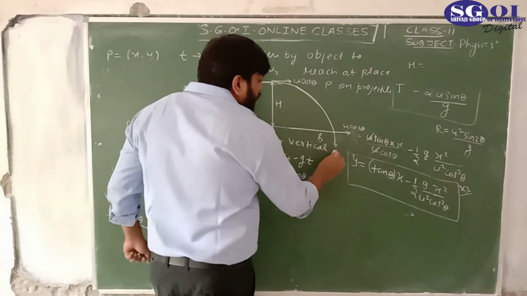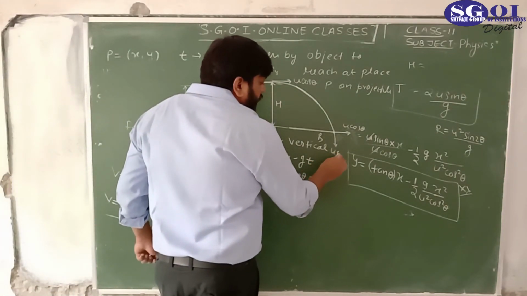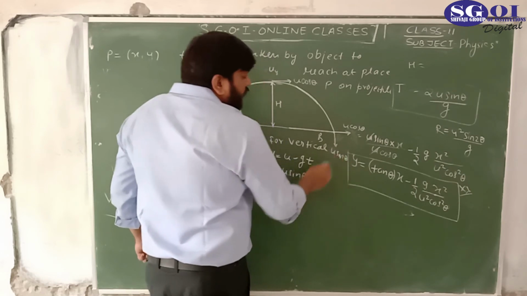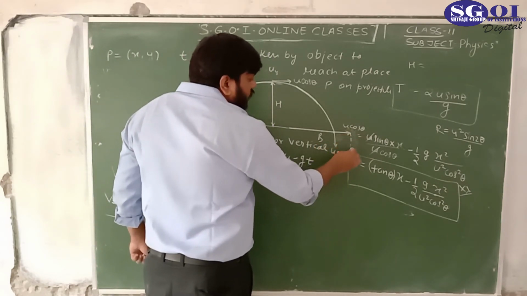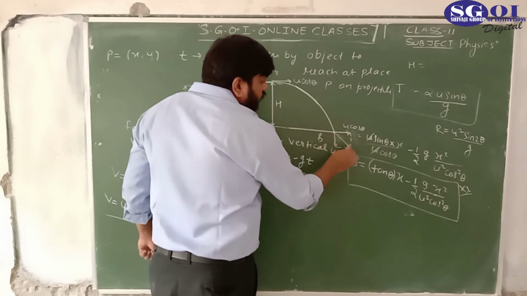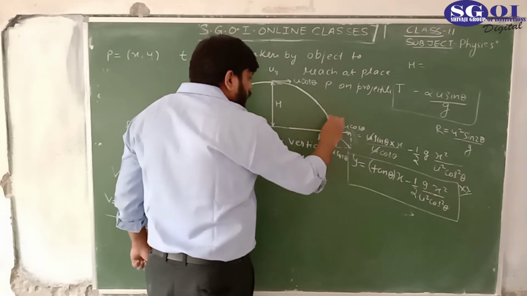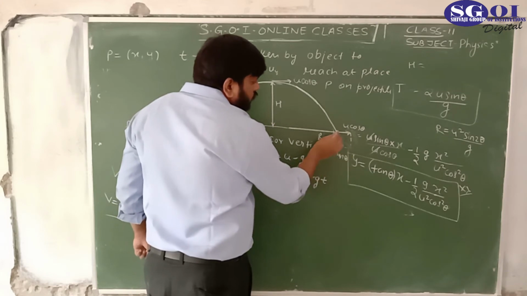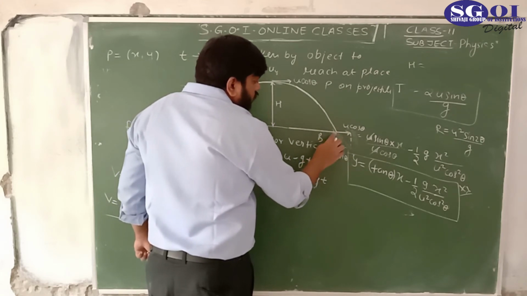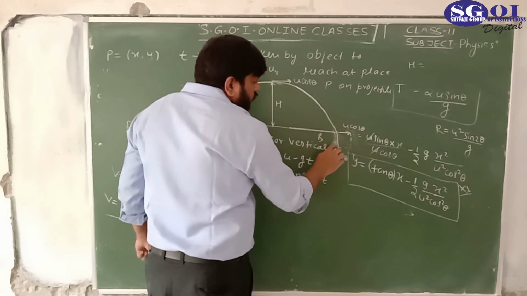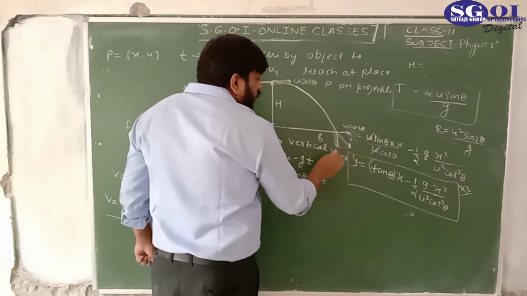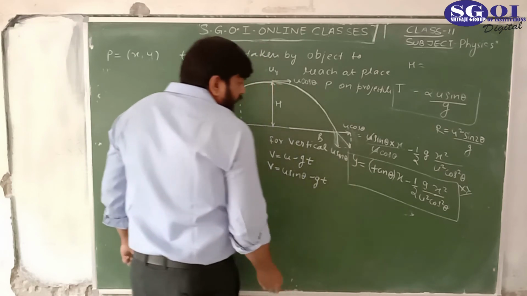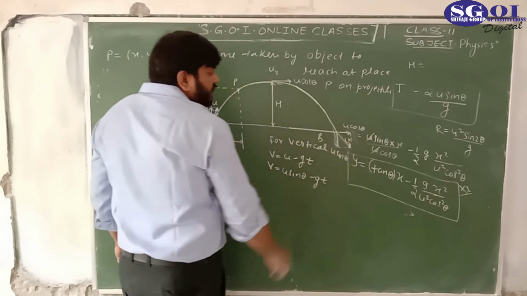So we can say this is v, this is u sin theta, equal in magnitude, and this is u cos theta, and we need the resultant of these two, let's say simply v.